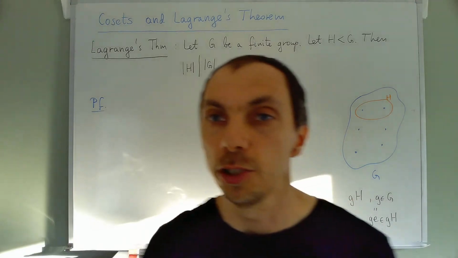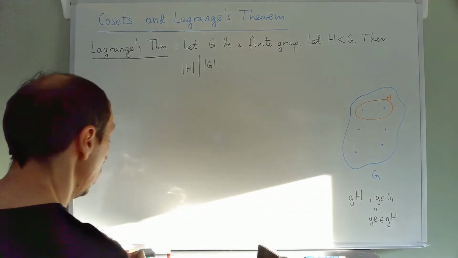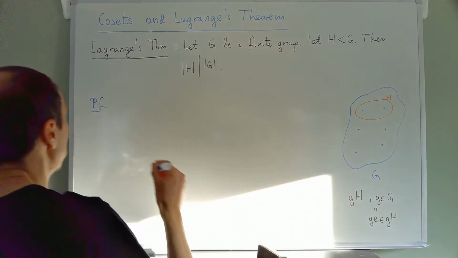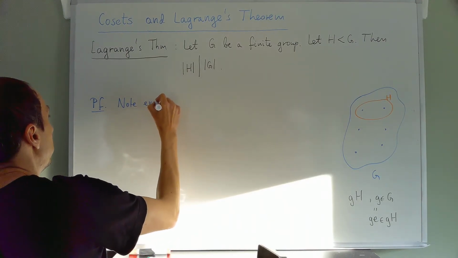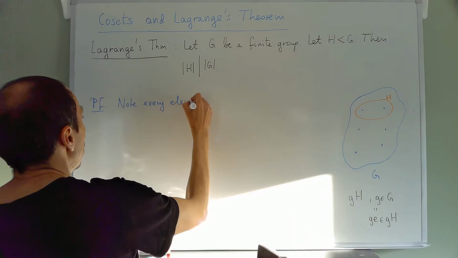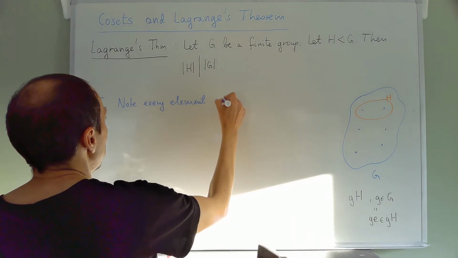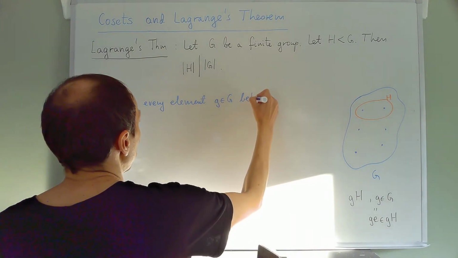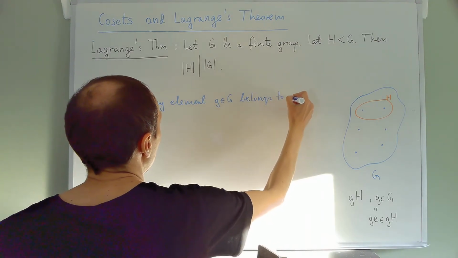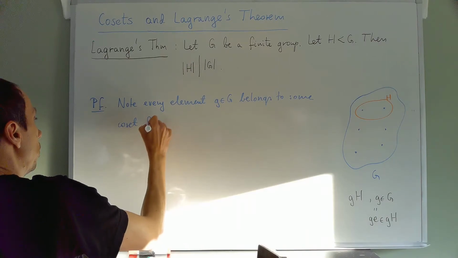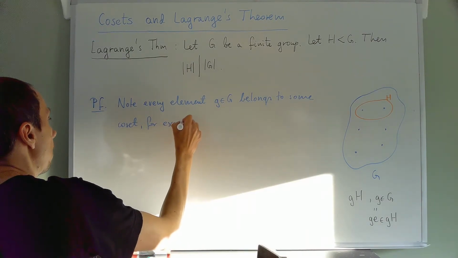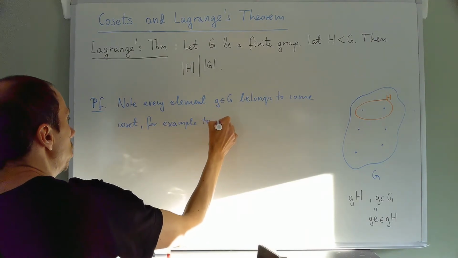So every element in G is in some coset. So let's write this as the first thing. Note, every element g in G belongs to some coset, for example, to gH.